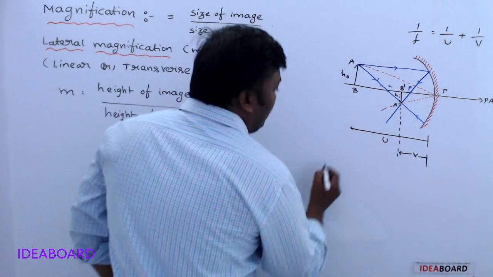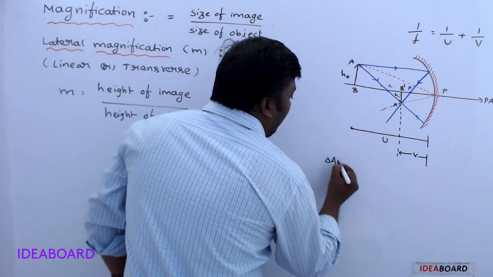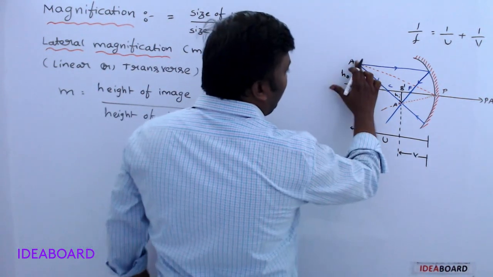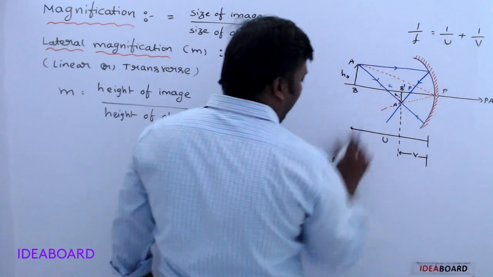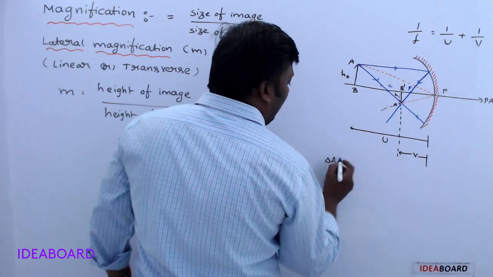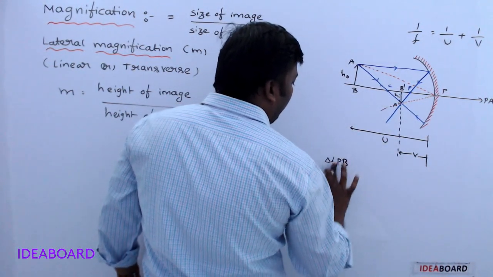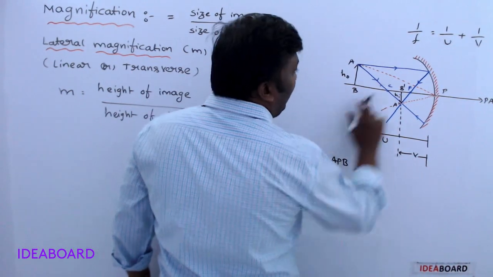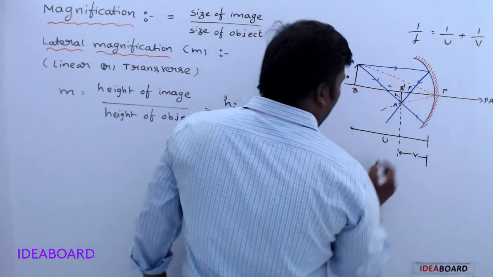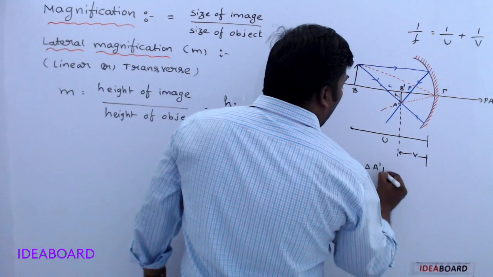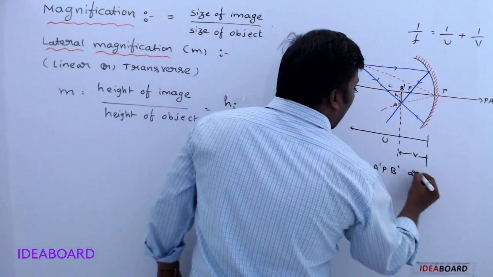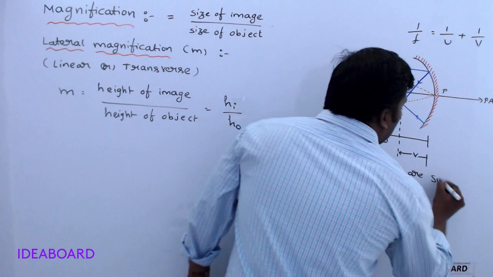In the diagram, triangle ABP and triangle A dash PB dash are similar triangles.